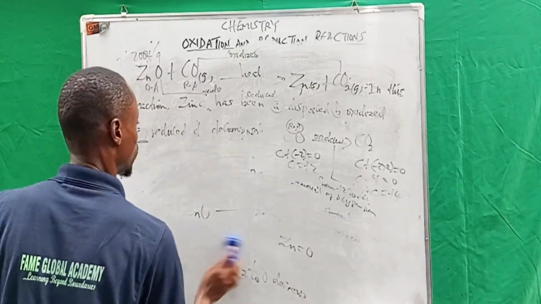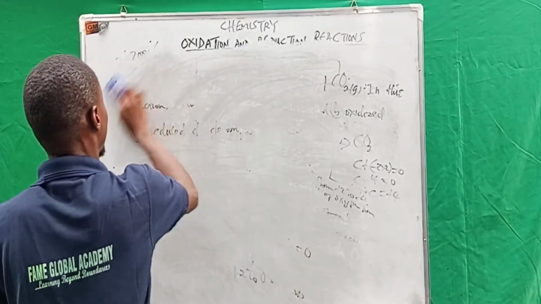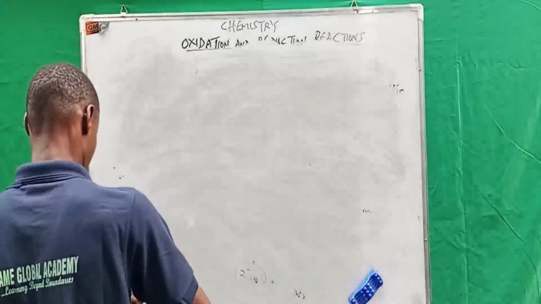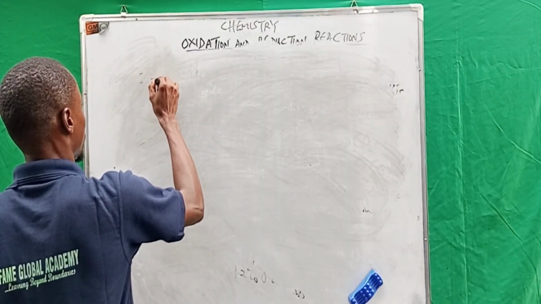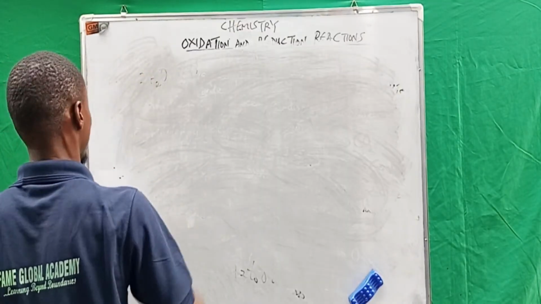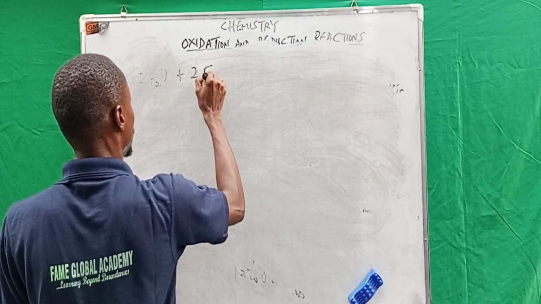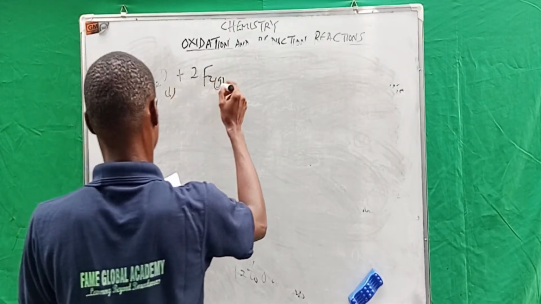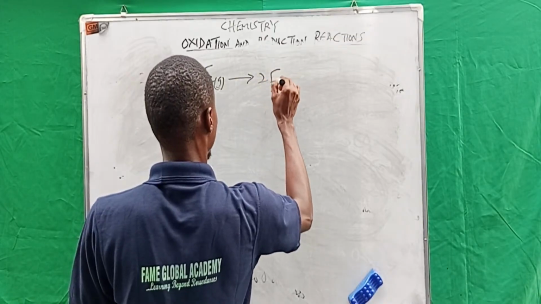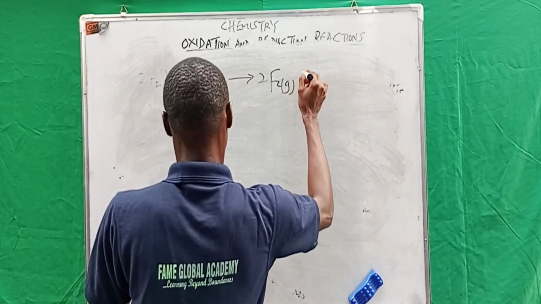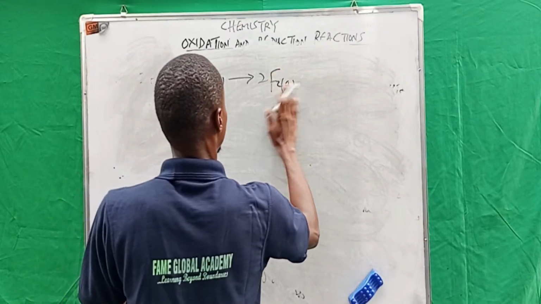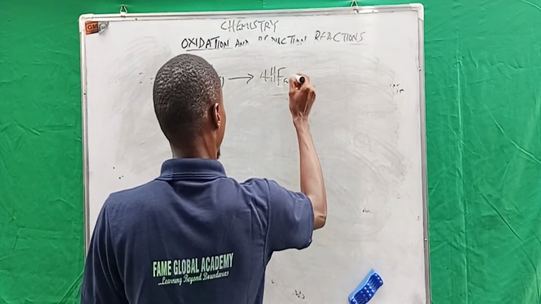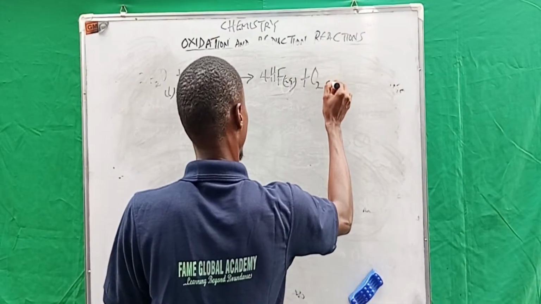We have a question on the board that says, 2H2O plus 2F2 gas to give 4HF aqueous plus O2 gas.